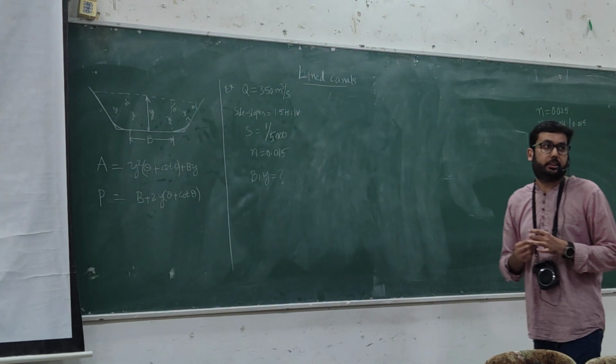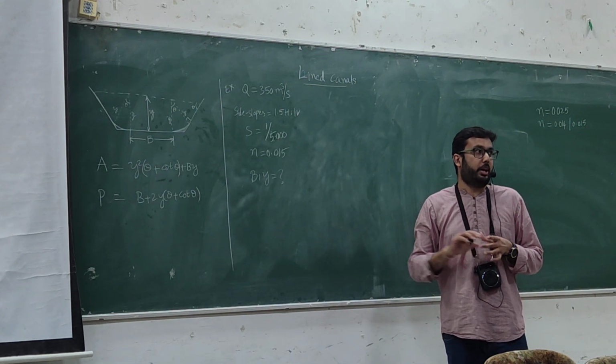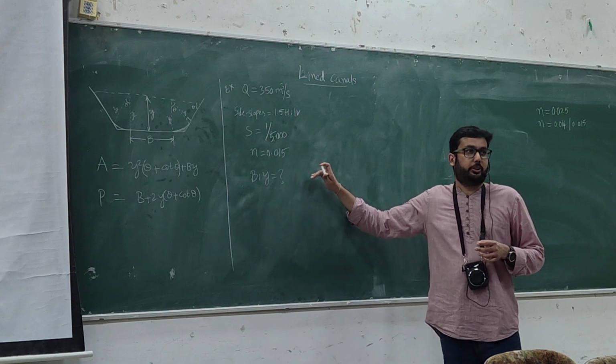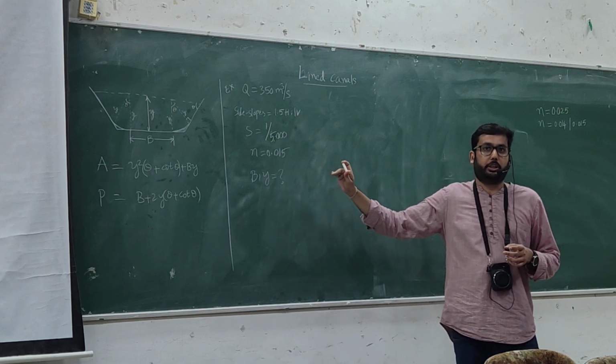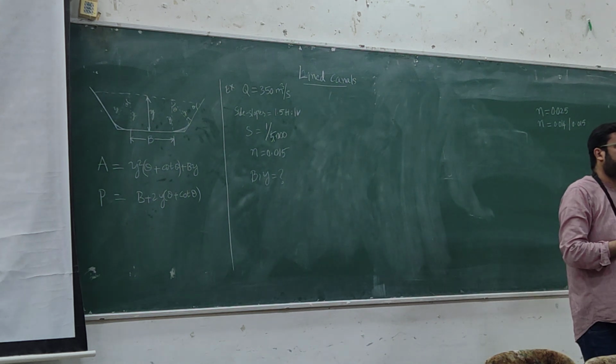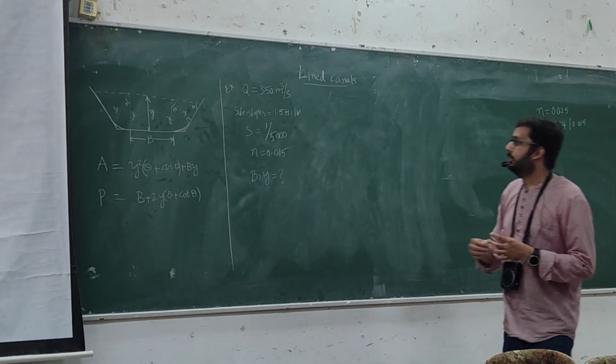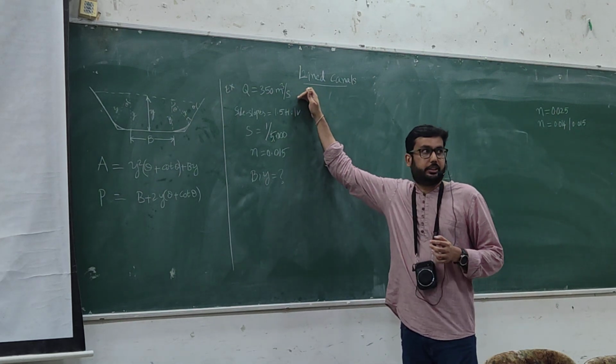How do we get this? We have two unknowns, so we need to find two equations which we can solve to get the two unknowns. How do we use the discharge?